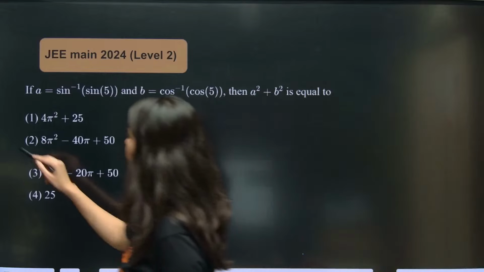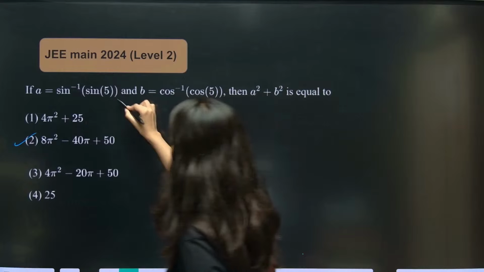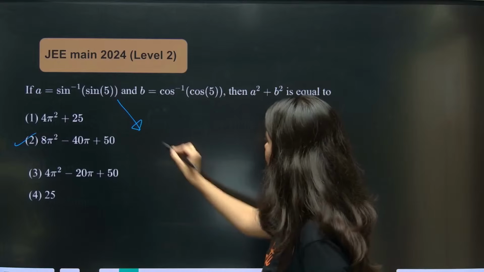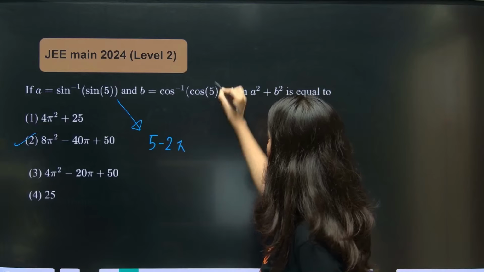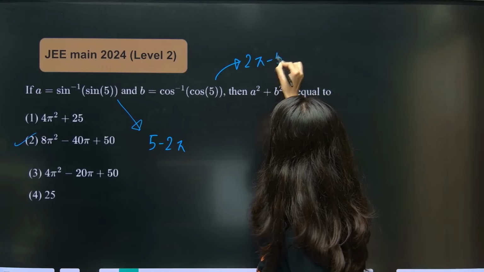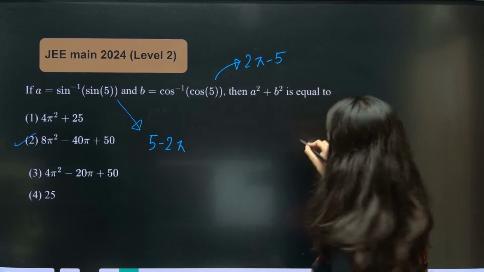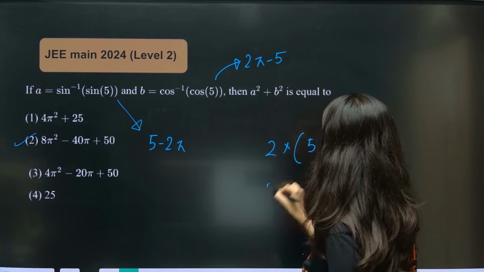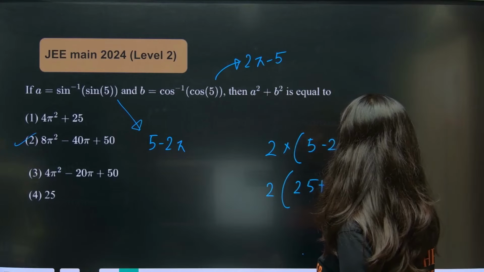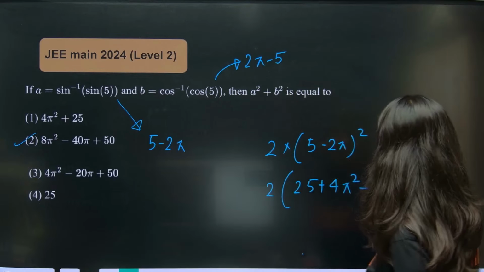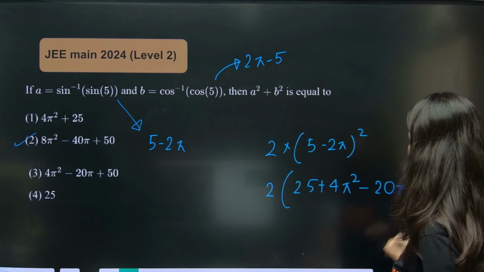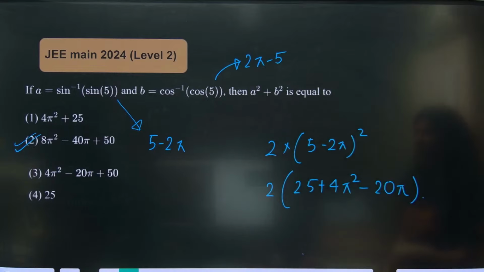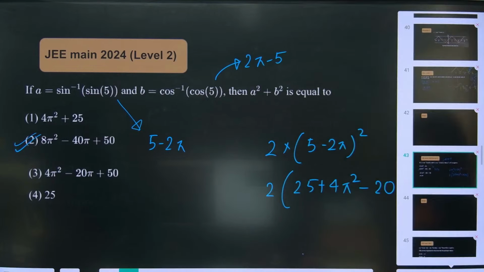Option 2. Sin inverse sin 5 will become 5 minus 2 pi. And this will become 2 pi minus 5. I'm not plotting the graph. I'm just giving you the answers now. 5 minus 2 pi whole square plus 5 minus 2 pi whole square. So 25 plus 4 pi square minus 20 pi. So it is 8 pi square minus 40 pi plus 50. Done.